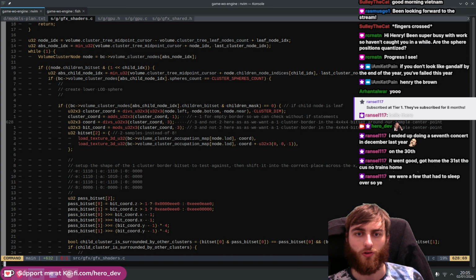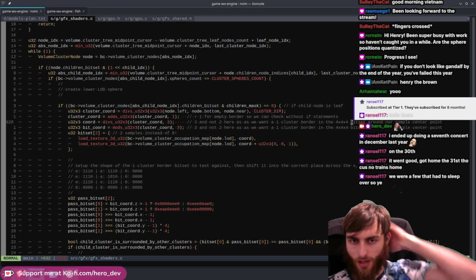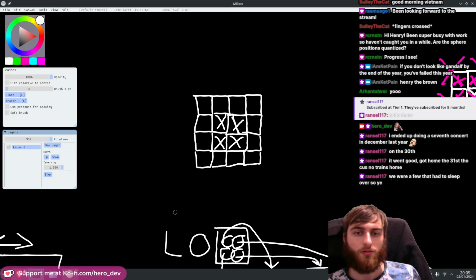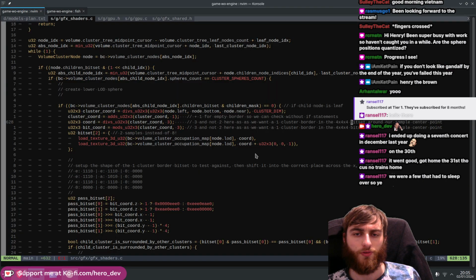Excellent. So 3, we divide and mod with 3 here, as we want a 1 cluster border in the 4x4x4 bit set. Yeah, so we have a 1x1 border all the time.